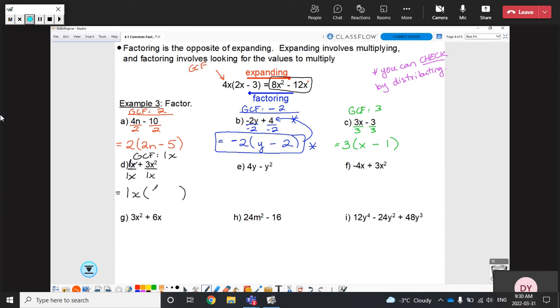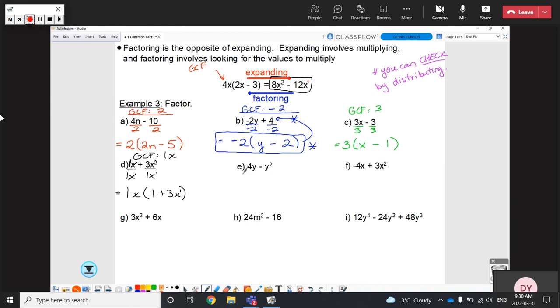So we're left with 1 plus 3 divided by 1 is 3. X to the exponent 2 divided by x to the exponent 1 is x to the exponent 1, because in that case we would subtract the exponents. Now, if you're not convinced, you can always distribute, and you'll end up with 1x plus 3x squared.